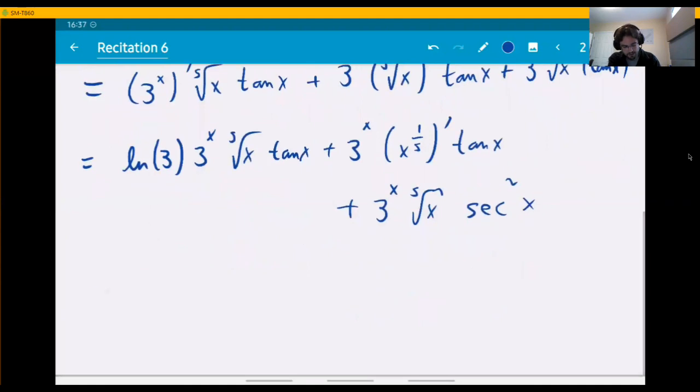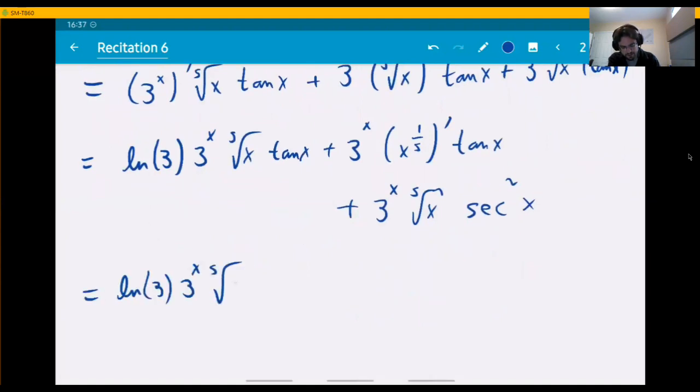Okay, so let me just copy down the two terms that we already have and finish computing the second one right here, where I told you the derivative of x to the 1/5 is the same thing as, by the power rule, 1/5 times x to the 1/5 minus 1. Let me erase this exponent and calculate it. That's minus 4/5.